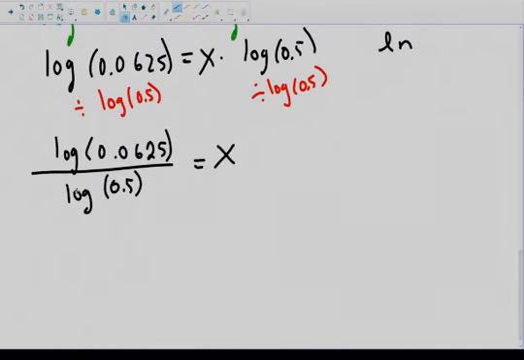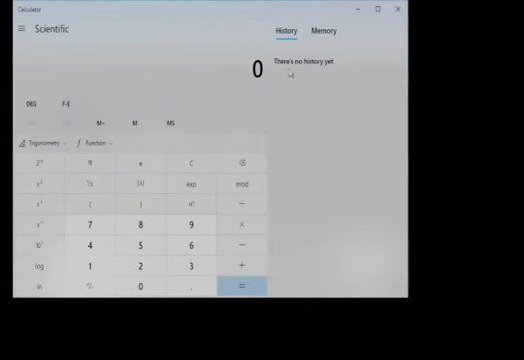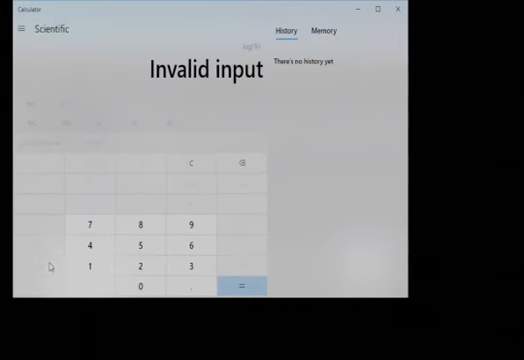Well, on your calculators, I'm going to show this. There is a log button right here. Let me clear this. I actually want to delete the history as well, so we just see this. Oh, okay.